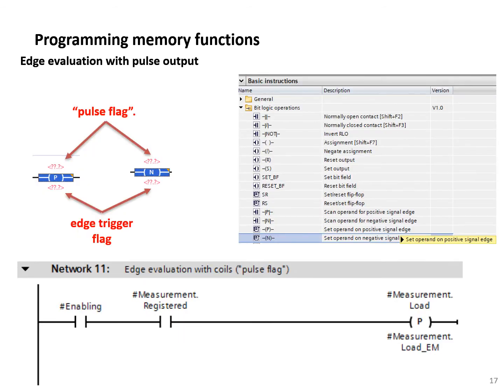Okay, so we continue with programming memory functions. Another type of memory functions are edge evaluation with pulse output, which I explained briefly, but in this slide we have one example of using edge evaluation with pulse output. At the top, with either the positive edge or the negative edge, we have a pulse flag, and on the bottom we have the edge trigger flag.